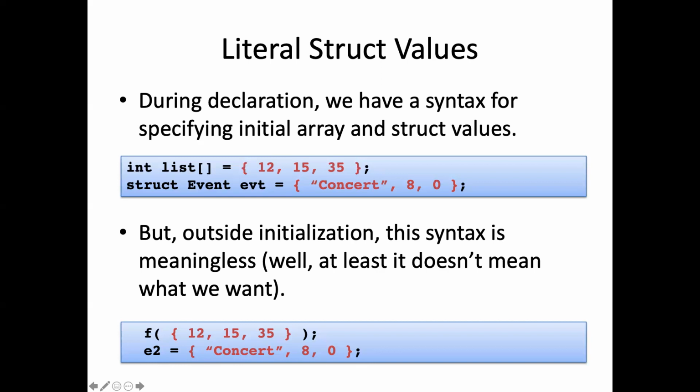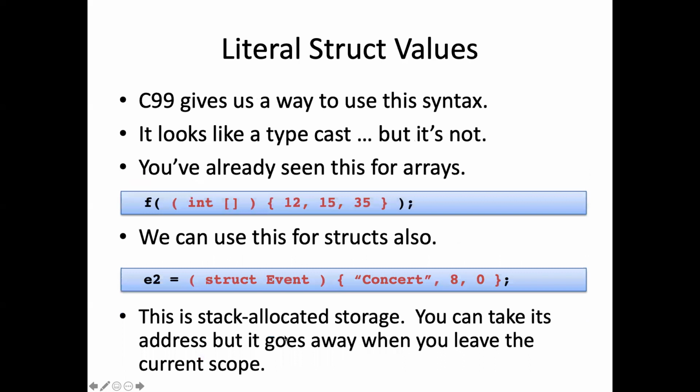Partly because if you made this array, the compiler doesn't really know what type the array is. And if you try to make this struct without the initialization syntax, the compiler doesn't know what type the struct is. But it does support a syntax that lets you do this as long as you tell it what the type is.